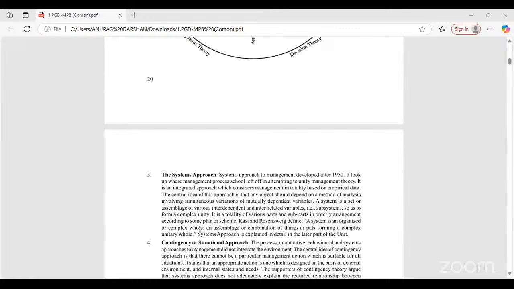All these interrelated variables are called subsystems, and a system comprises many subsystems. When all these are organized, assembled and combined, then definitely even a complex problem can be solved easily.